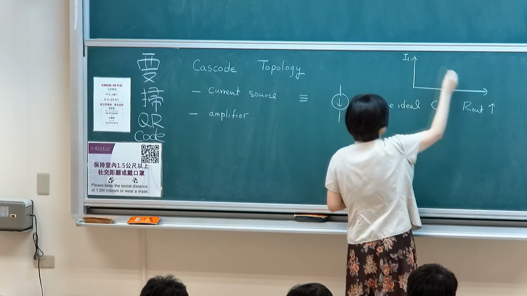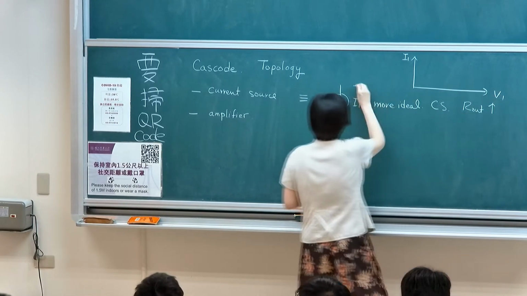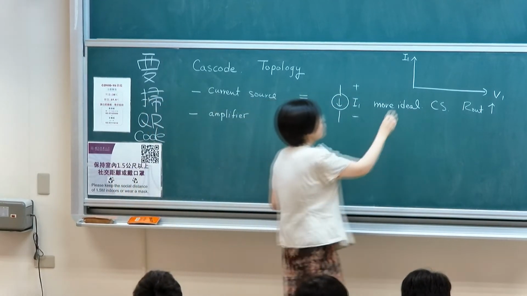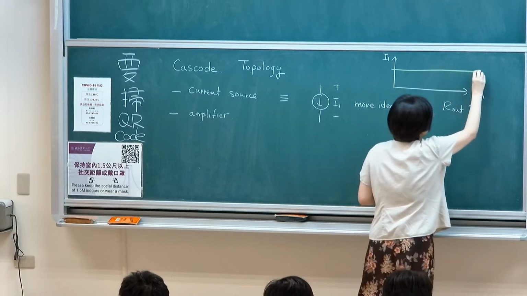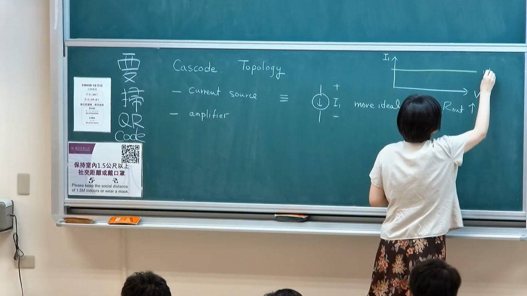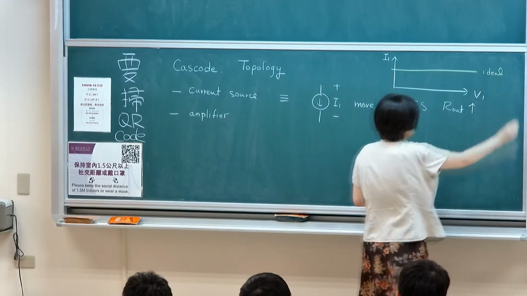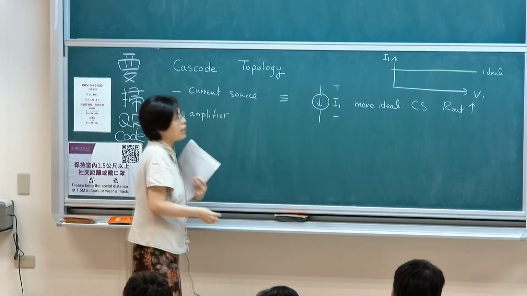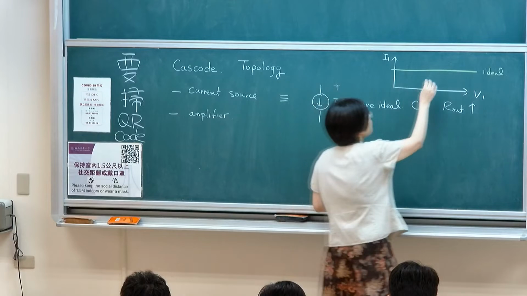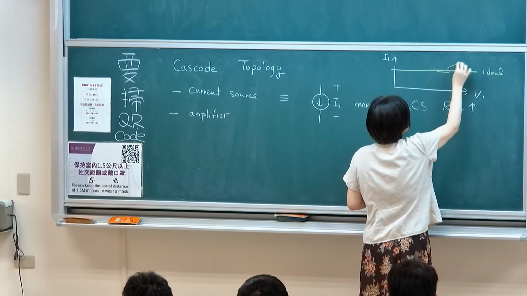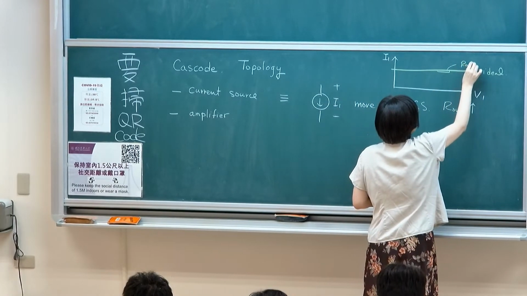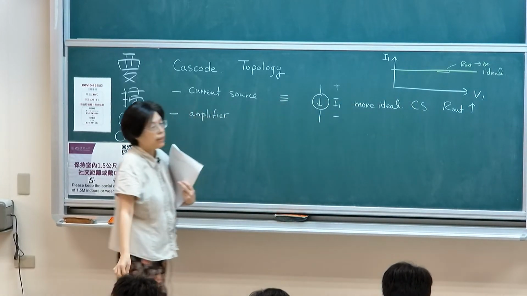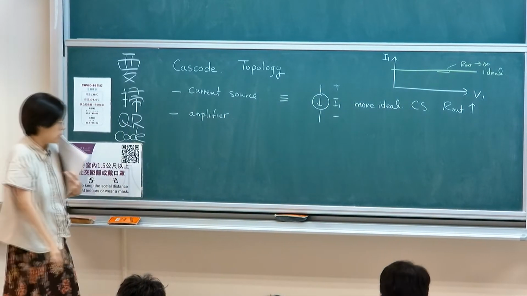If you look at its current and voltage relationship, ideally you want it to be flat. This is an ideal current source characteristic. It should be flat, meaning that the output resistance should be infinite. That's what an ideal current source is.